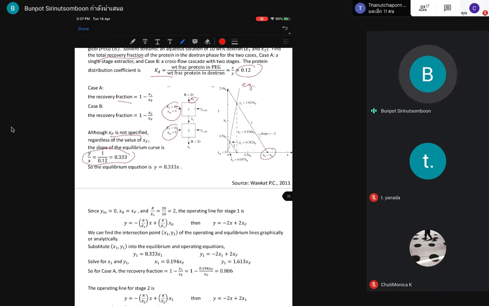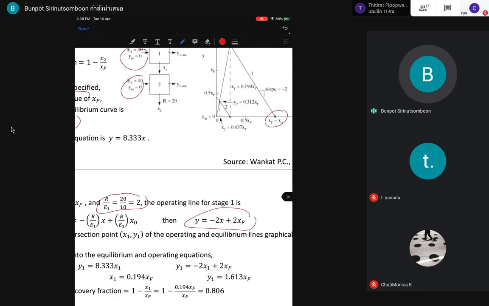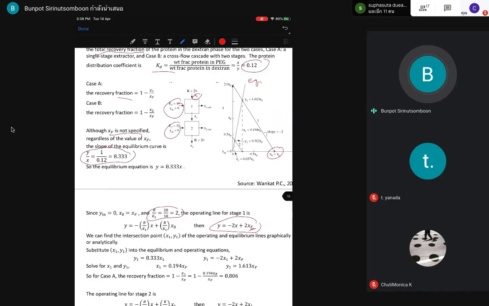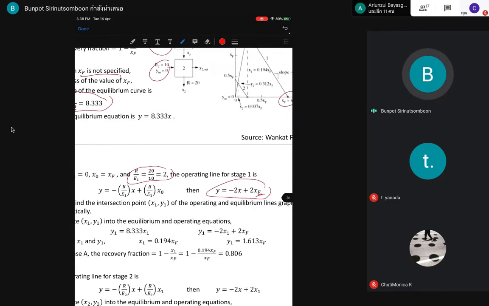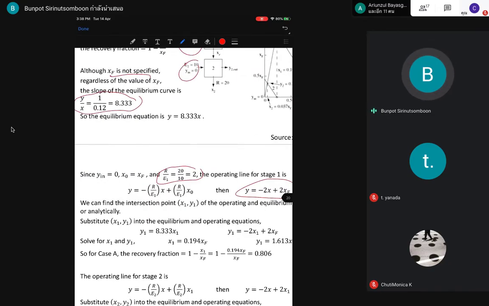And we know E1, so we can find the slope. Then we can find the operating line for stage 1. We got this. We don't know XF, we just leave it as it is. And then we solve for x1 and y1.